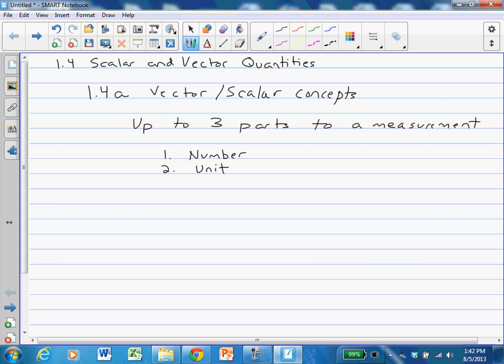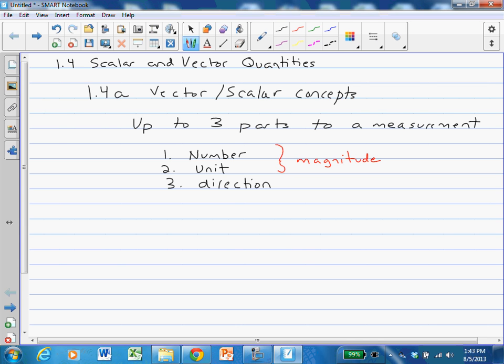Every measurement should have a number and a unit, but some also have a direction. The first 2 parts are linked together. Every number should have a unit, and we call these the magnitude. The last part is direction.